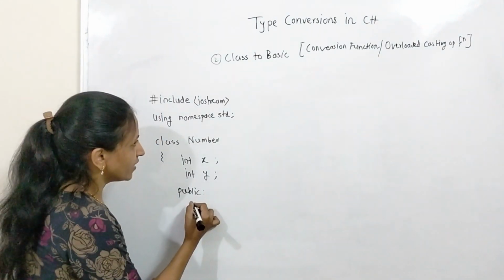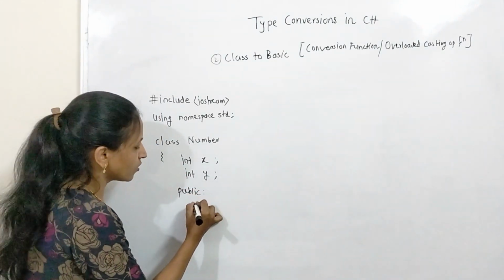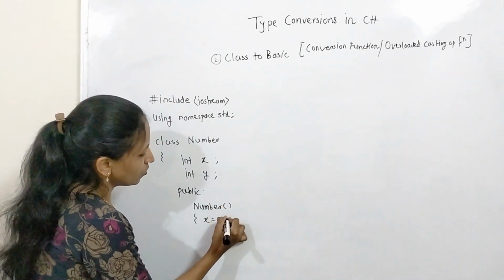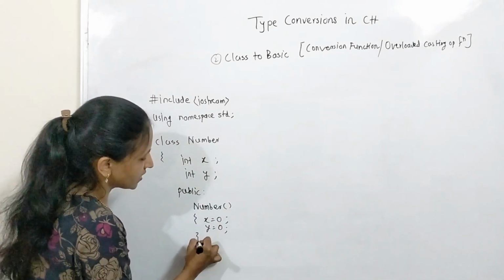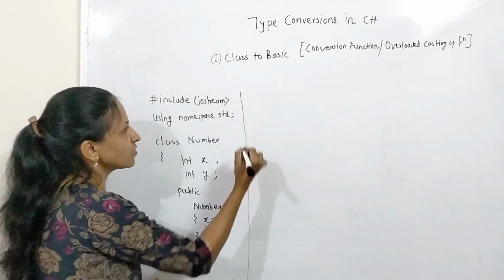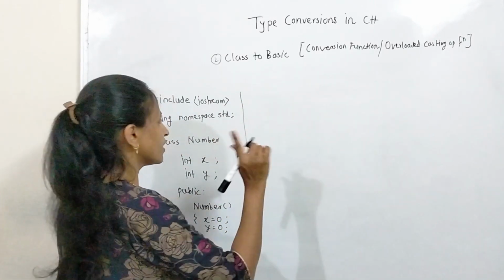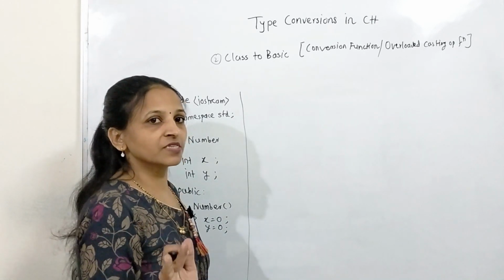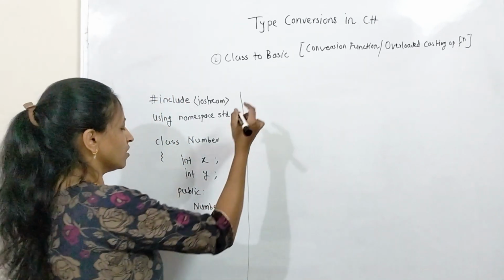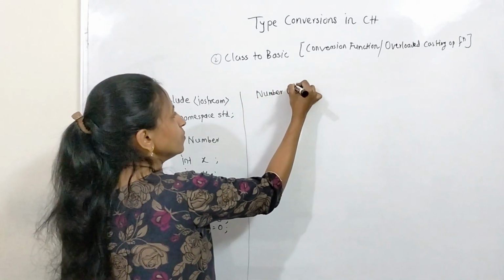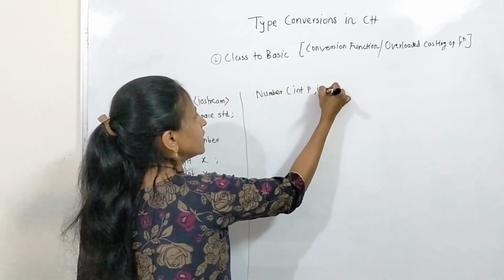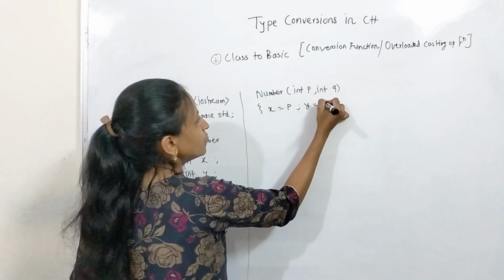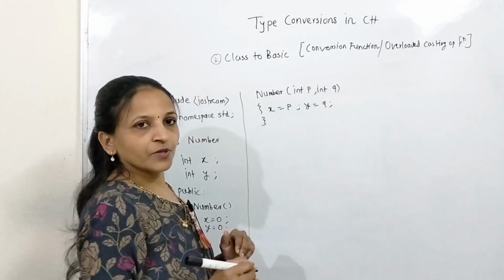First a default constructor: number, x equal to 0, y equal to 0. Next a parameterized constructor taking two arguments, only for initialization purpose, not for type conversion: number with two values, integer p, integer q. Now x equal to p and y equal to q.